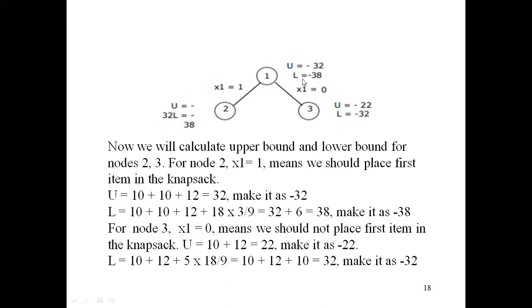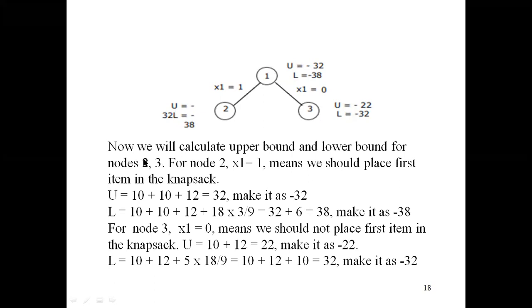Now we have the upper bound and lower bound minus 32 and minus 38 for node 2. And for node 3, we have the upper bound and lower bound, we got minus 22 and minus 32.